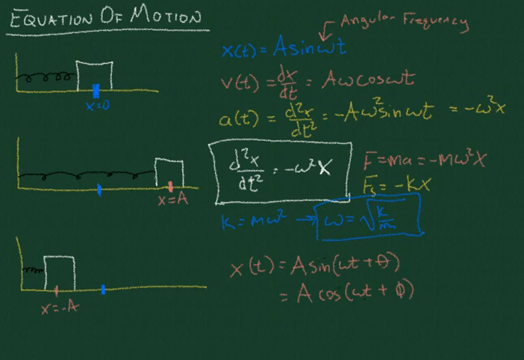Because sine and cosine are related, they're the same exact function, but offset by a factor of pi over 2. So any kind of motion that basically has this differential equation is going to have a solution that looks like a harmonic oscillator, which is what this is, these oscillations.